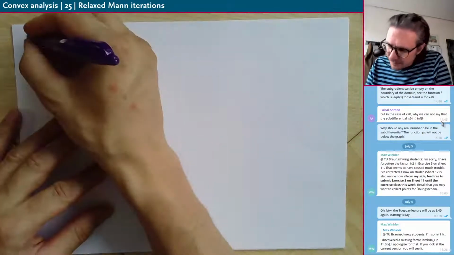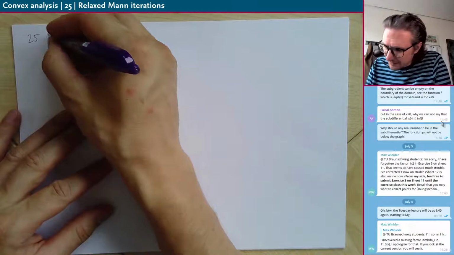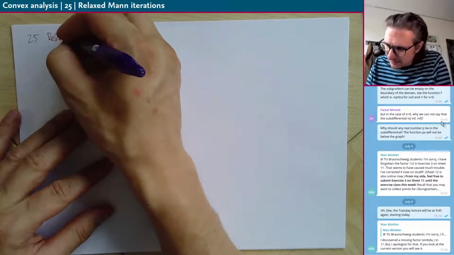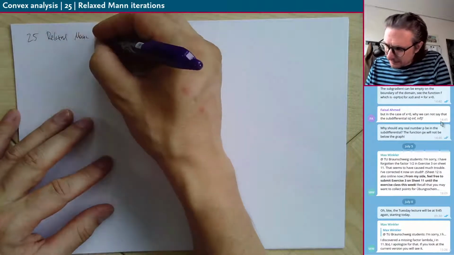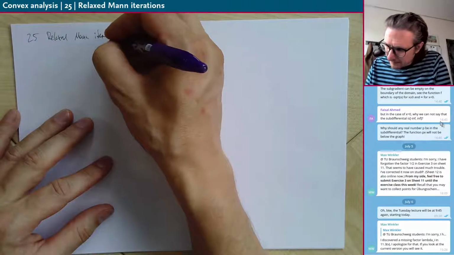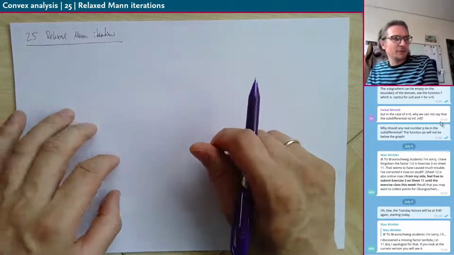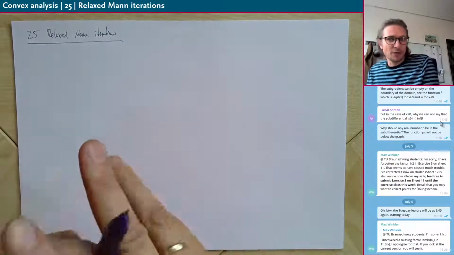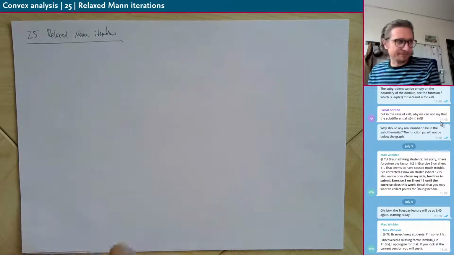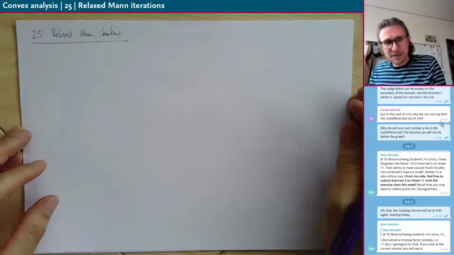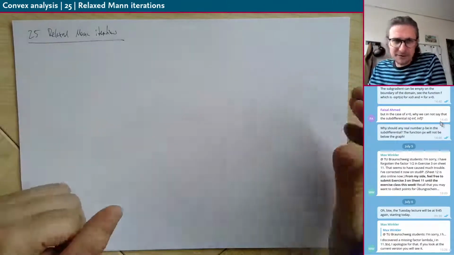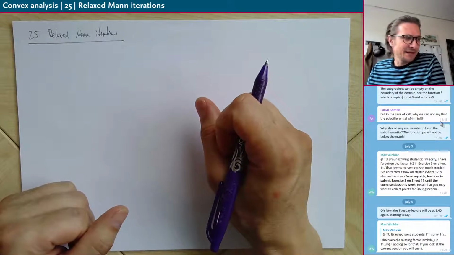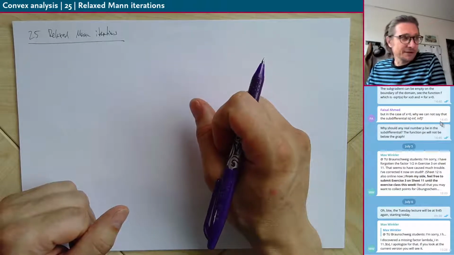Okay, so the chapter is 25, relaxed Mann iterations. And what this is about is basically an extension of the Banach fixed point theorem, which works without contraction.